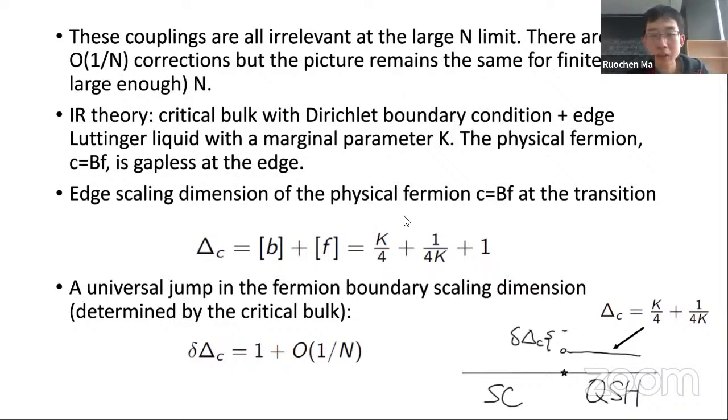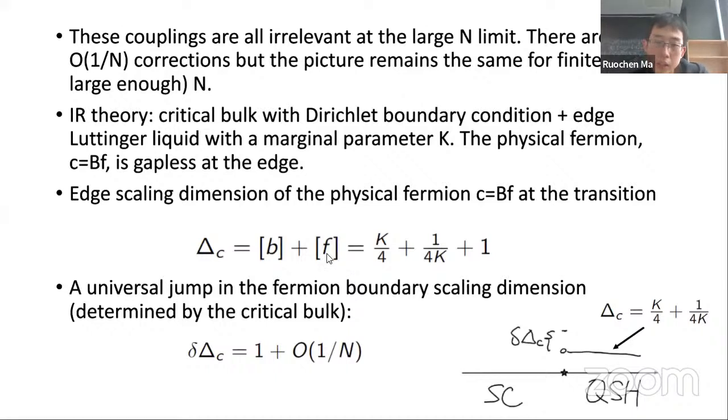You simply calculate the scaling dimension of a single fermion using the Luttinger parameter, given by this well-known result. And we expect this Luttinger parameter to change smoothly at the phase transition, since in some limit these two sectors decouple, and there's no reason to give you a sudden jump.